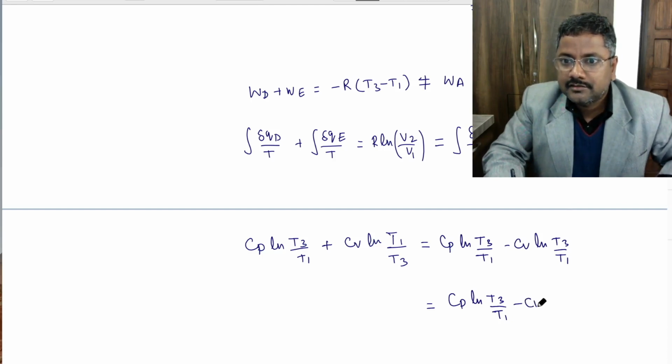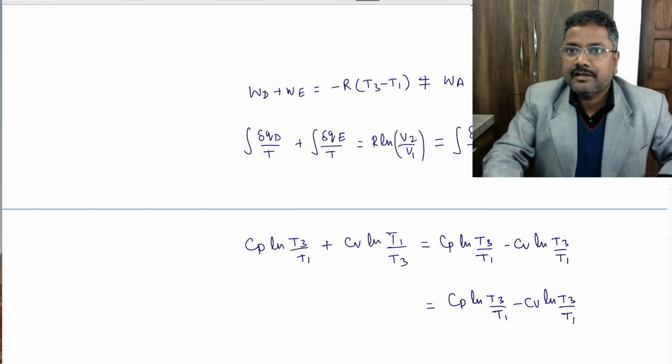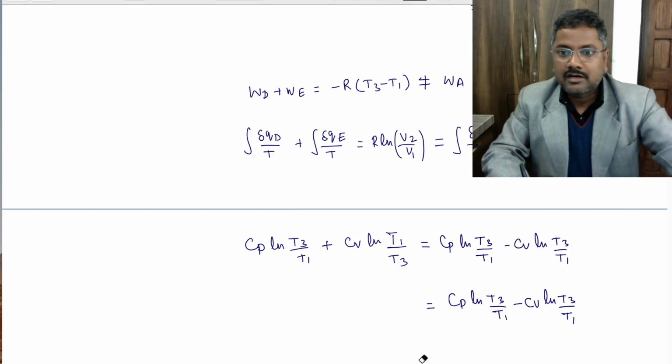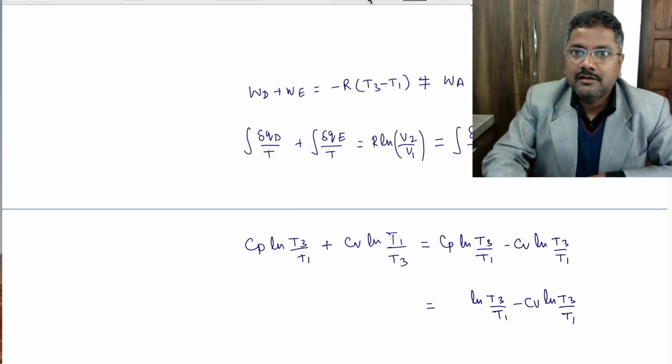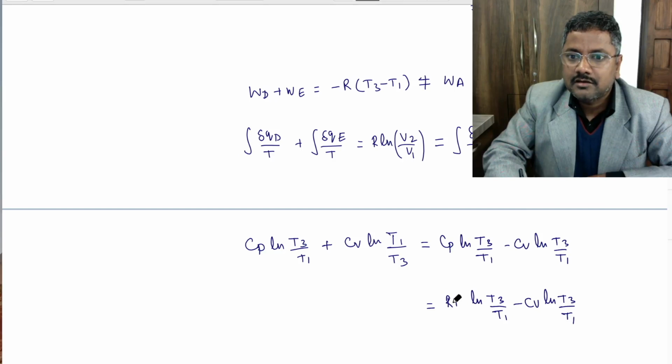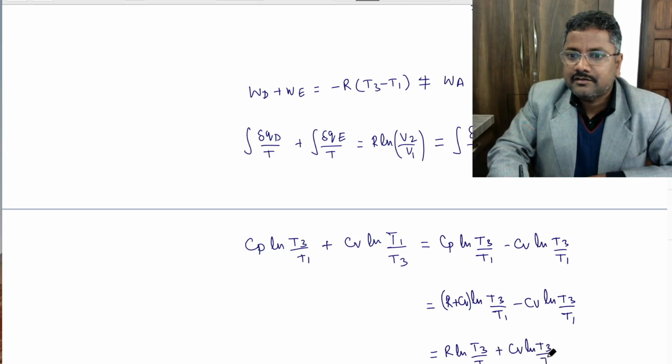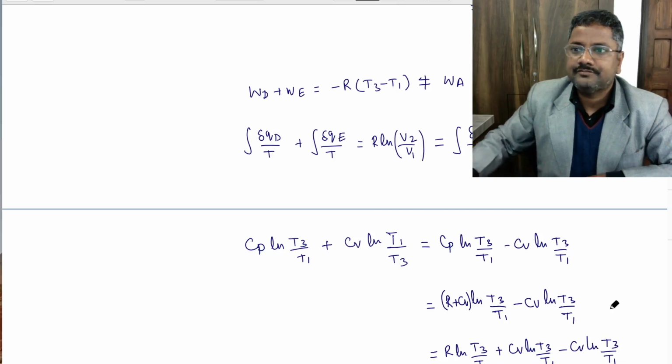In place of Cp we can write R plus Cv. So here we can write R ln T3 by T1 plus Cv ln T3 by T1 minus Cv ln T3 by T1, right?